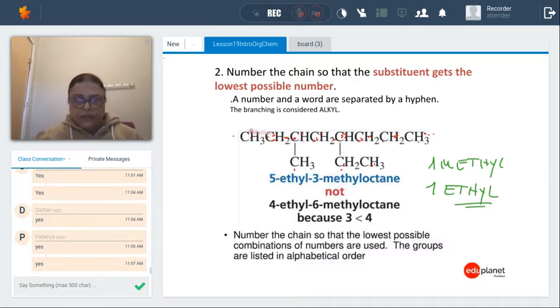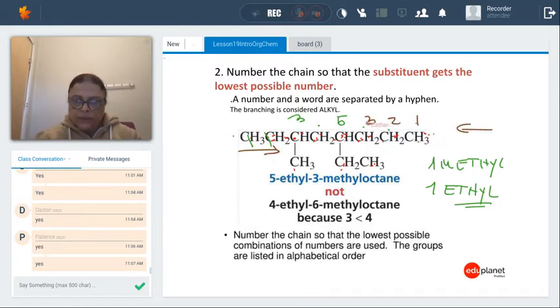Do I count 1, 2, 3, 4, 5, 6, 7, 8, or do I count the other way? Let's take brown. It's an ugly color, but well. So do I count this way or this way?